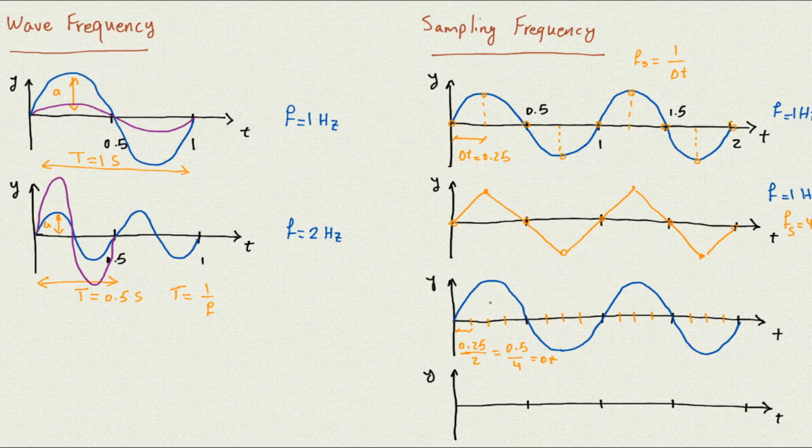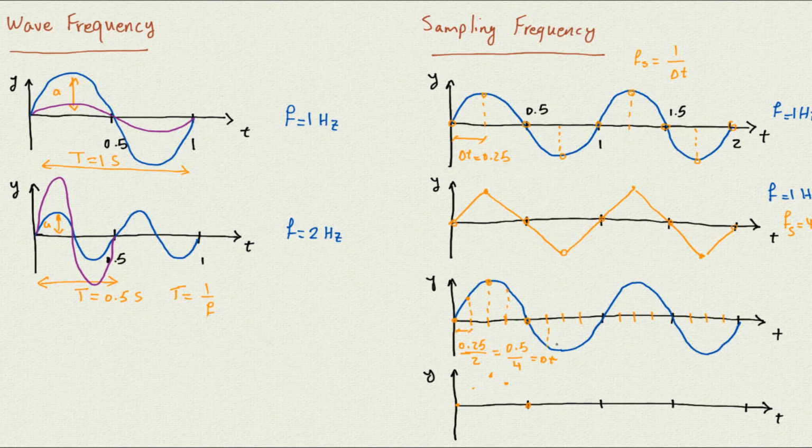Now if I start to sample like this, the first point is here, and then the second point that I'm going to sample is this here. So if I bring it down here, it's going to be here, then the next point I'm going to sample is going to be up there, and then this is going to be the next sample point here, and then the next sampling point is going to be here.